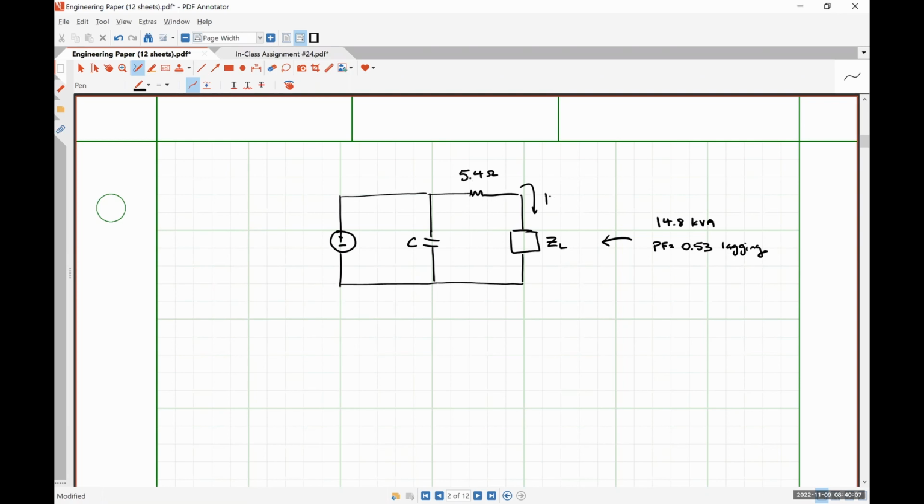So the magnitude of IL is given as 23 amps RMS. We do not have the phase angle, just to be very clear here. We are not given a value for VS. And let's see, our power factor new is 0.92 lagging.